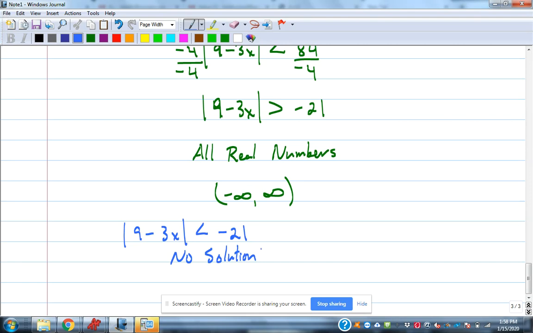Can't happen that way. Those don't happen very often at all, but they could happen. So we want to address those. Most of the ones you're going to see will have solutions, but keep in mind that's a possibility that can sometimes happen too.